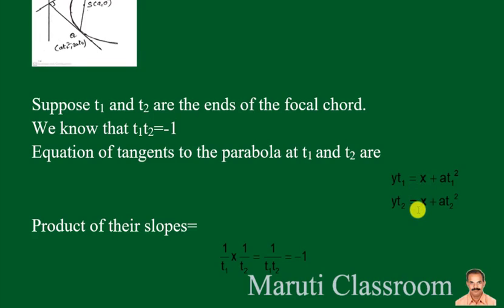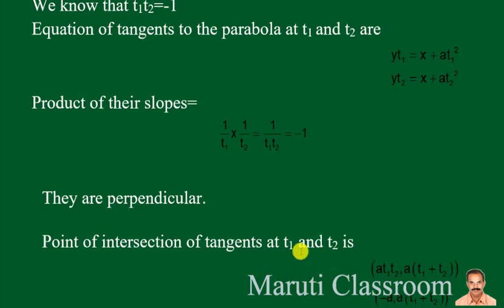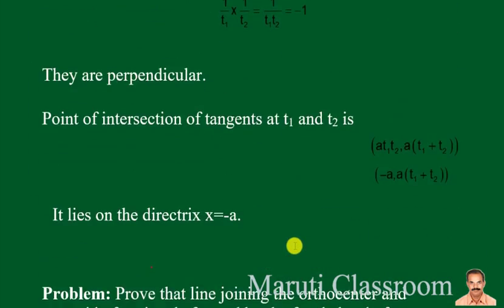In the same way, the second line's slope is 1 by t2. The product of their slopes is 1 by t1 into 1 by t2, that is 1 by t1 t2. Since t1 t2 equals minus 1, it is 1 by minus 1, which equals minus 1. Because the product of slopes is minus 1, they are perpendicular. Tangents are perpendicular. And we know the point of intersection of tangents at t1, t2 is (a t1 t2, a into (t1 plus t2)).